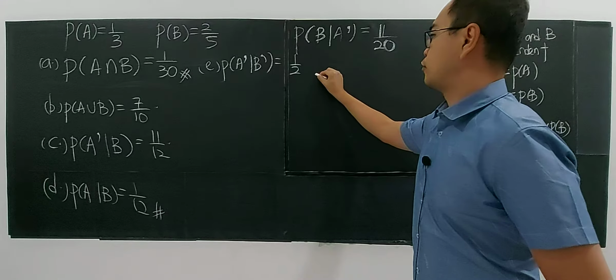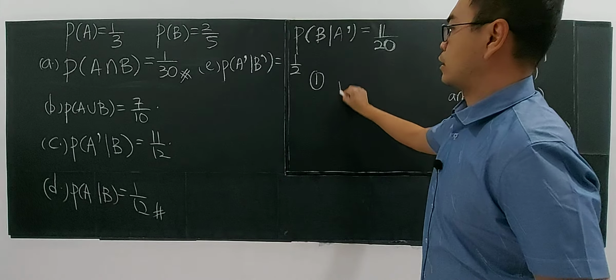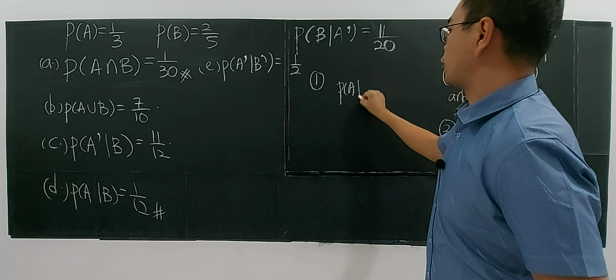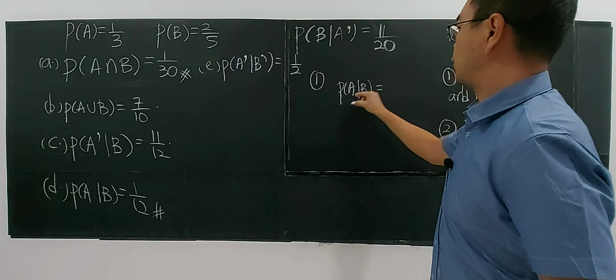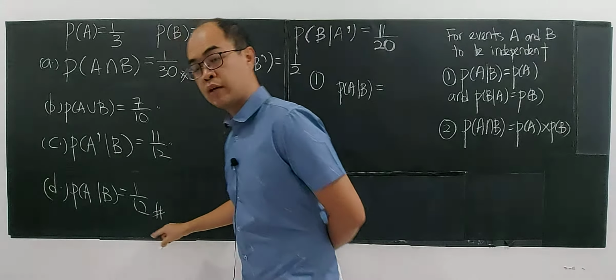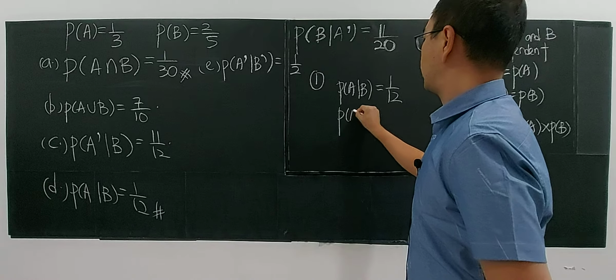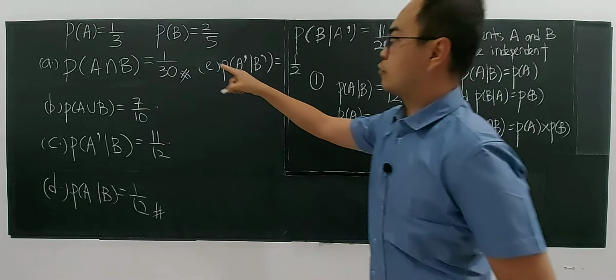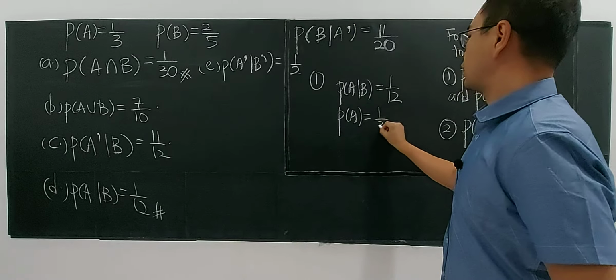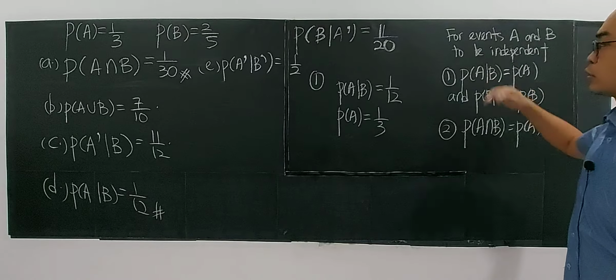I'll show you the first one. It's very easy because you have all the results here. You have calculated the probability of A given B to be 1 over 12, and the probability of A is 1 over 3. You already fail the test, which means they do not follow the condition.